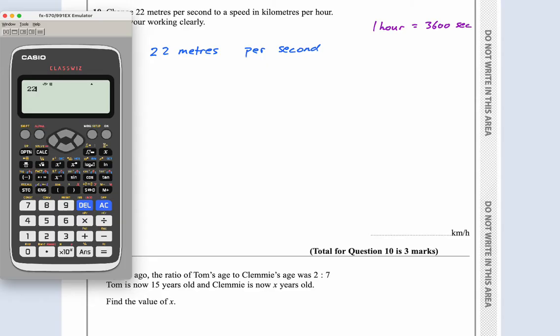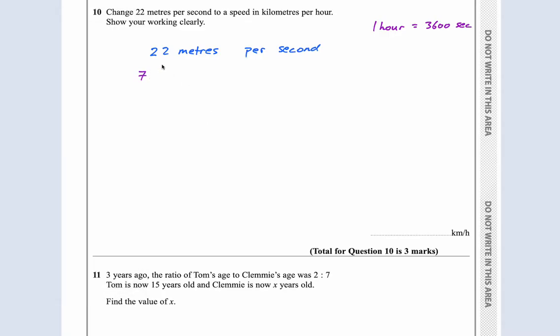So I have 22 meters times 3,600, because if he's going 22 meters in 1 second, he'll go 22 times 3,600 in 3,600 seconds, which is 79200. So this is 79200 meters per hour.